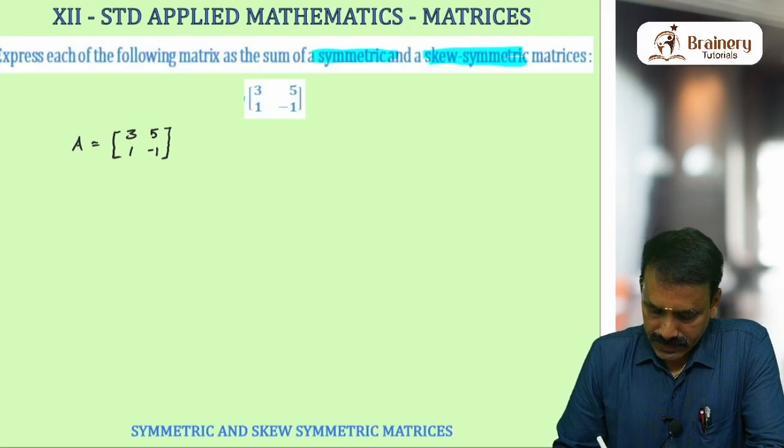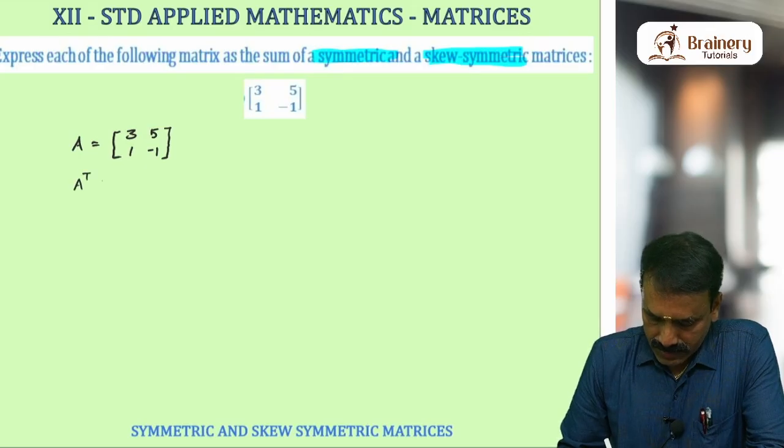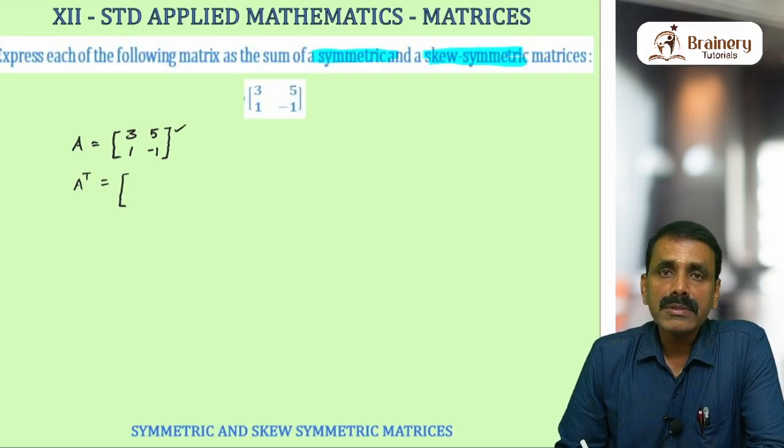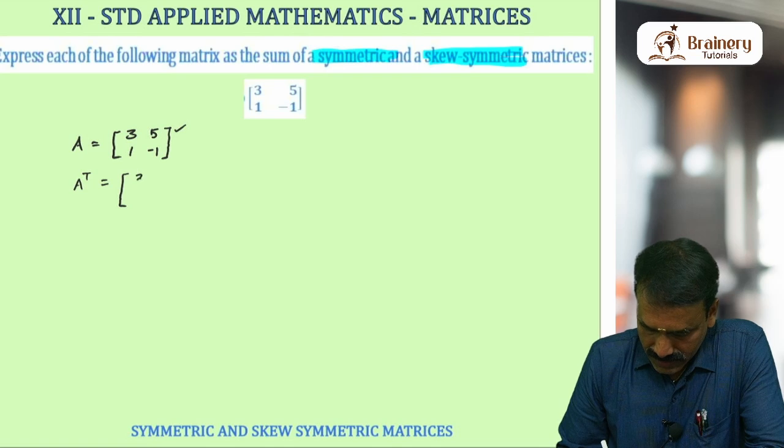In that case, A transpose will be equal to, how do we write A transpose? Writing rows in terms of columns. So it is 3, 1, 5, minus 1.